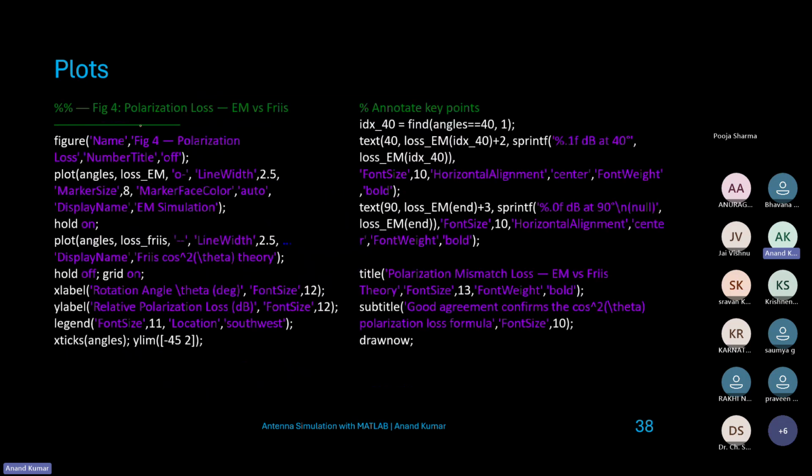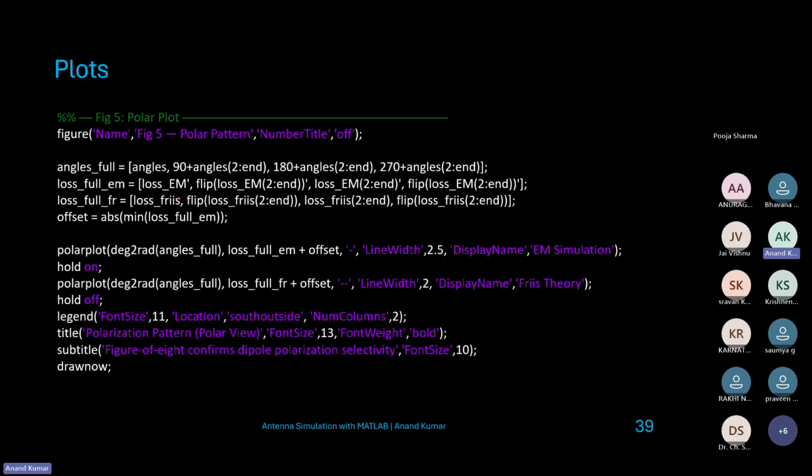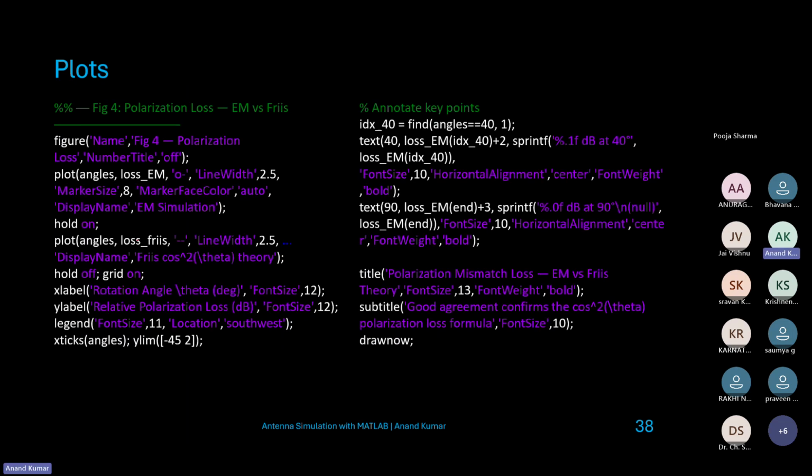I won't go through the scripts of the plots because we have already seen how to plot in the previous slides. It's all plot, hold on, xlabel, ylabel, legends, text, including markers, and then title, subtitle.